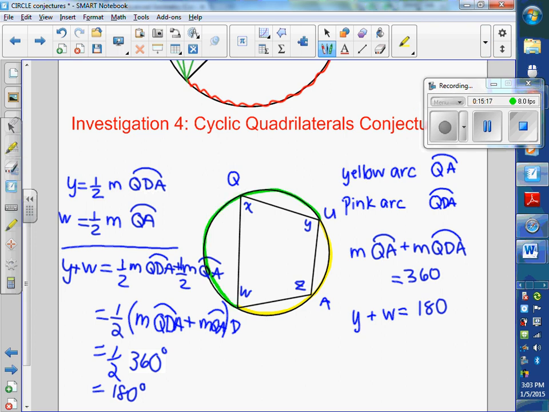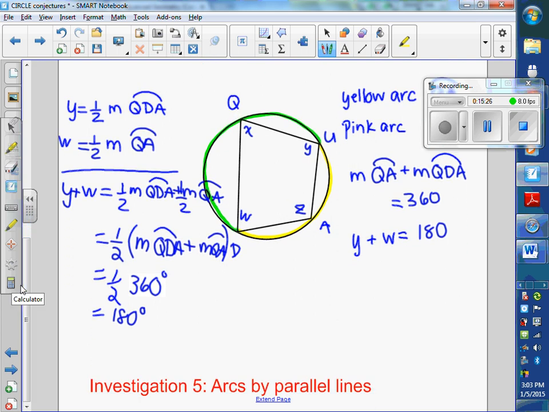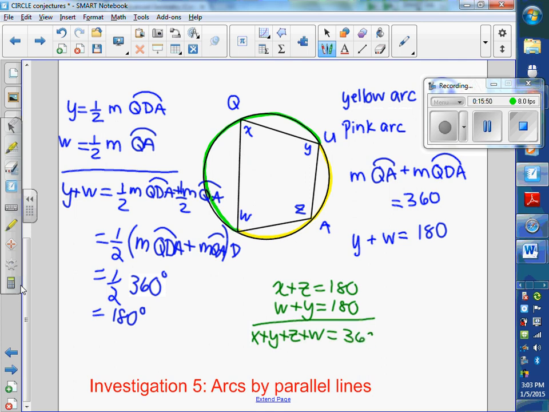So since the yellow and the green complete a whole circle, we know that X plus Z has to be equal to 180. So X plus Z is equal to 180. And we also know W plus Y equals 180. So X plus Y plus Z plus W have to equal 360.